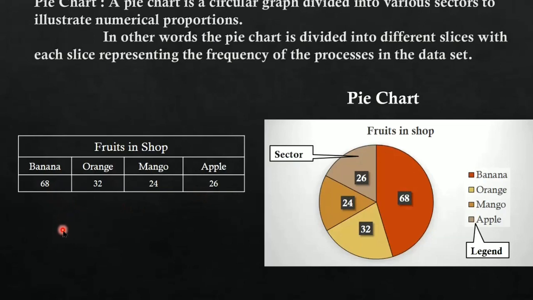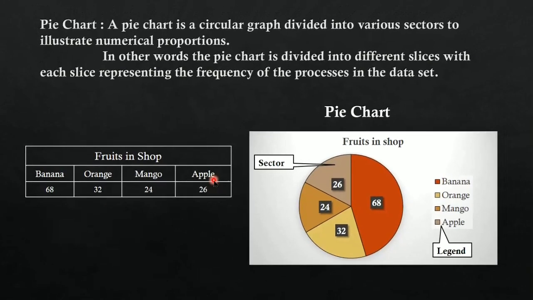So 68 divided by 150 into 100 gives you the percentage of banana. Similarly, 32 divided by 150 into 100 gives the orange percentage. Similarly, you may get the mango and apple percentages also. Therefore, the portions of sectors are measured either in terms of degrees or in terms of percentage.